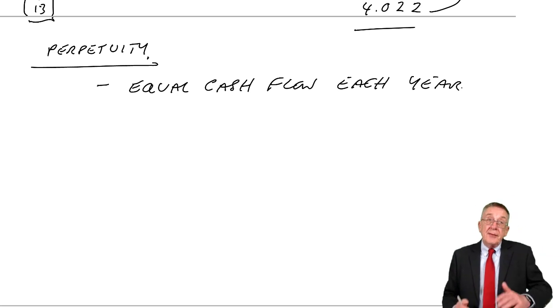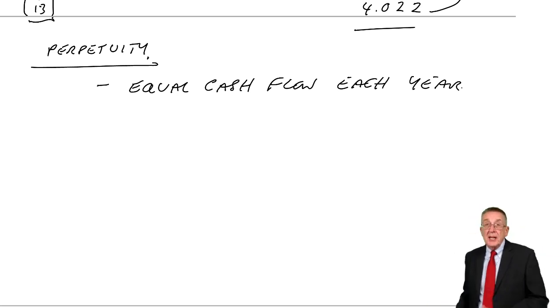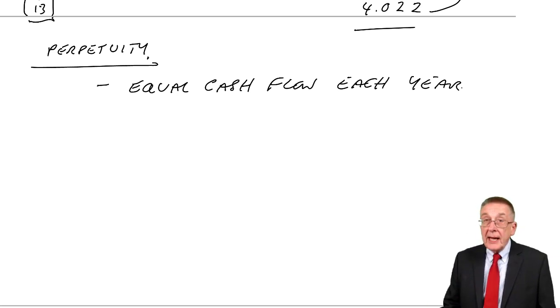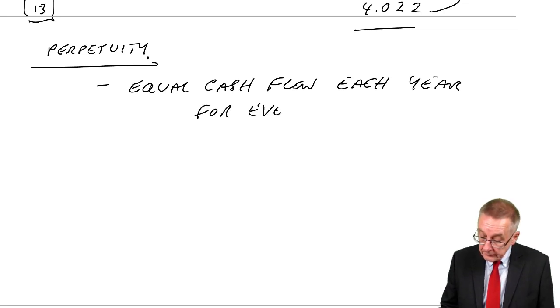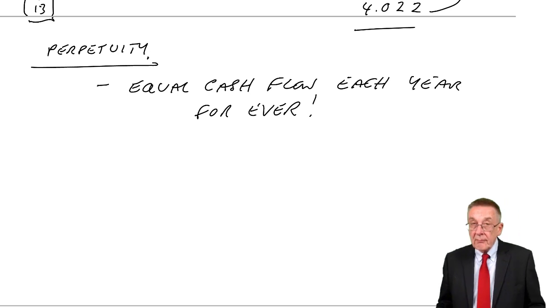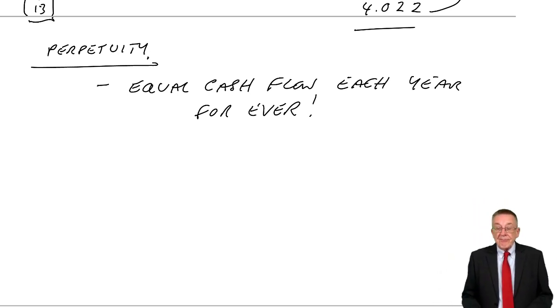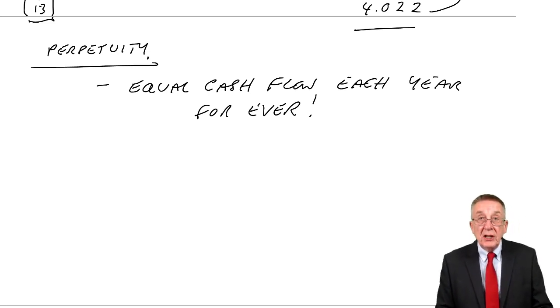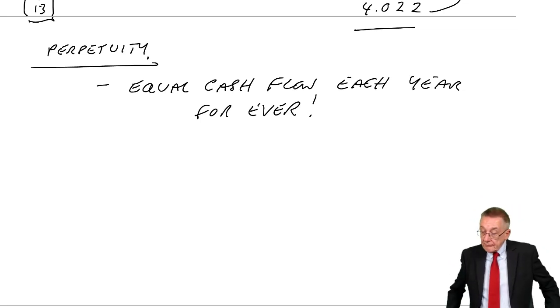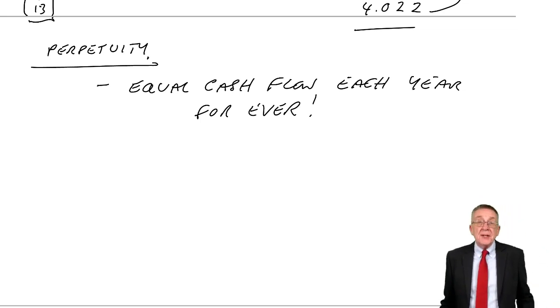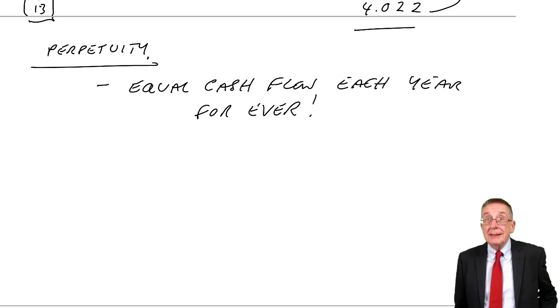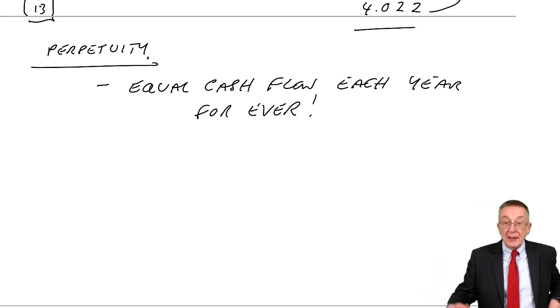But instead of being for 5 years, for 8 years, for 10 years or whatever, it's an equal cash flow each year forever. Now, of course, nothing in this world is forever. But what we're talking about is an equal cash flow for so long, as you know, it may as well be forever.